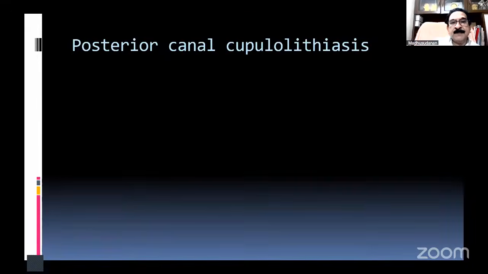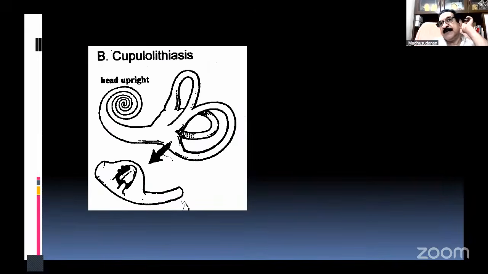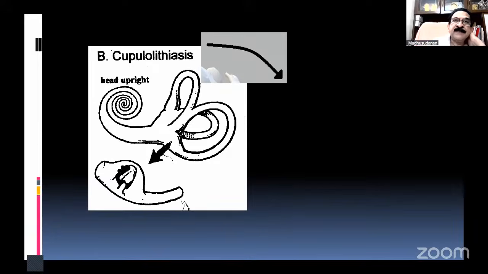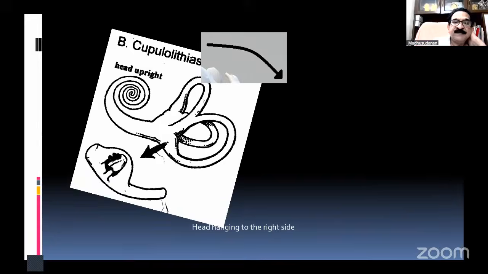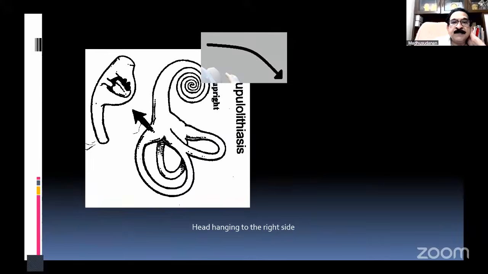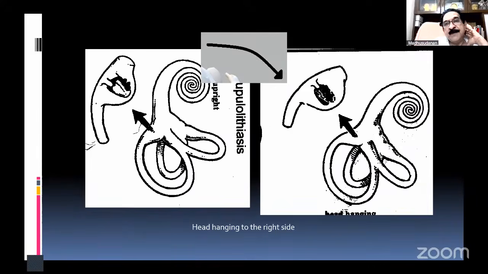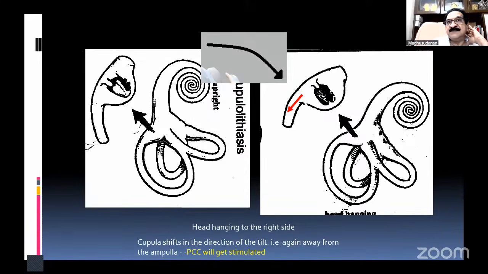Now, the same thing also occurs in cupulolithiasis, because the cupula is weighted and it moves away from the ampulla, so that gets stimulated. So you also get the same type of nystagmus, whether it is canal lithiasis or cupulolithiasis in the case of posterior canal BPPV.